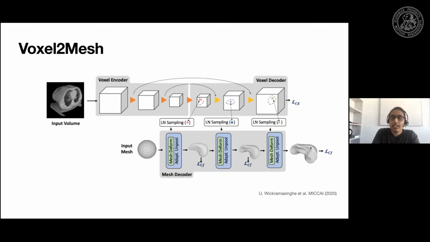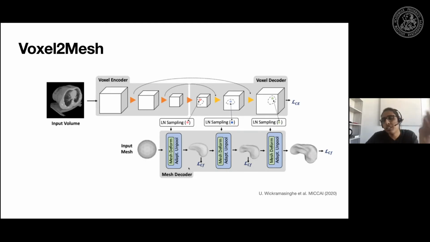Another thing is that in a UNet, we only have the cross entropy loss at the end of the voxel decoder. Similarly, we also have the cross entropy loss at the end of the voxel decoder. But with the mesh decoder, we use the Chamfer loss and a subset of regularization losses, which I will describe later. They appear at the end of each stage as well.